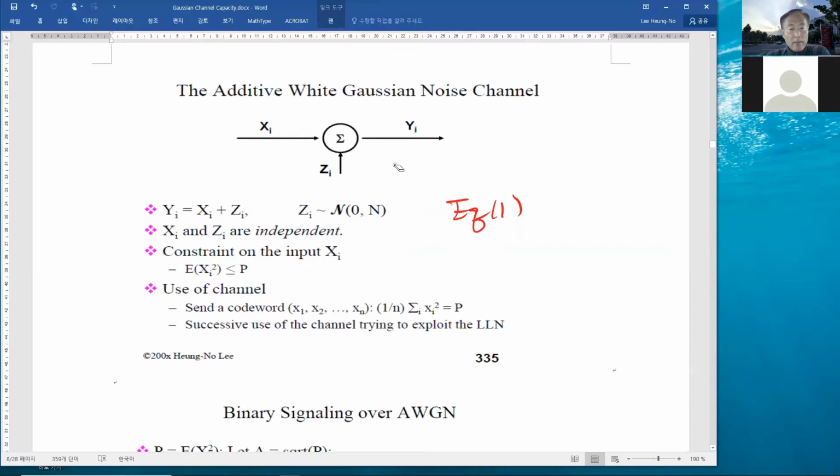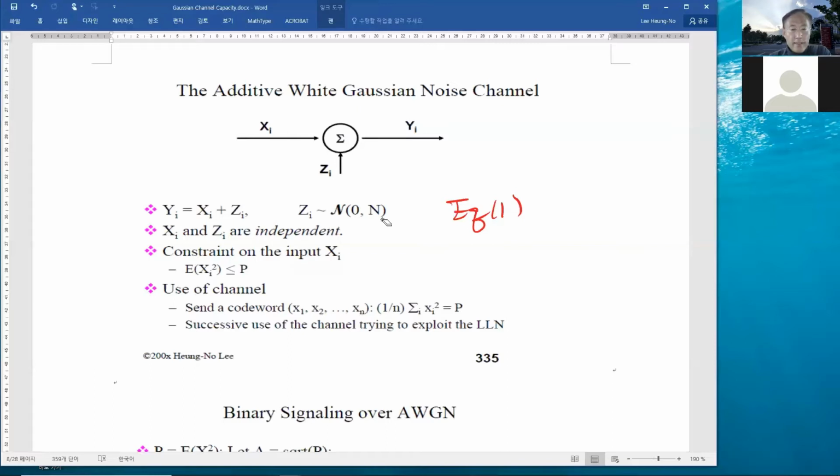In this particular note, I will use N to be the power of the additive noise, symbol power. Okay, symbol energy. So I'm using power and energy interchangeably in this note.